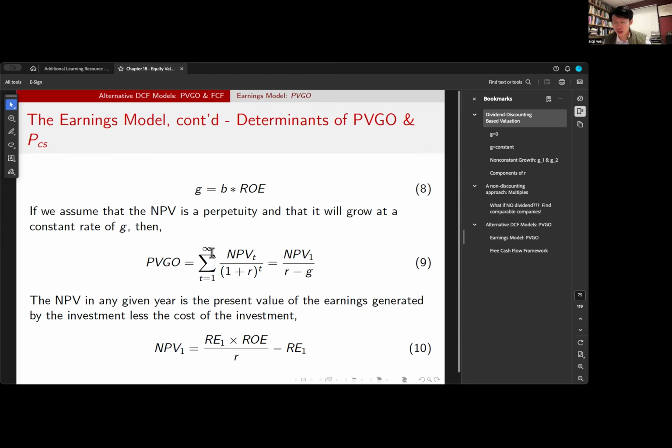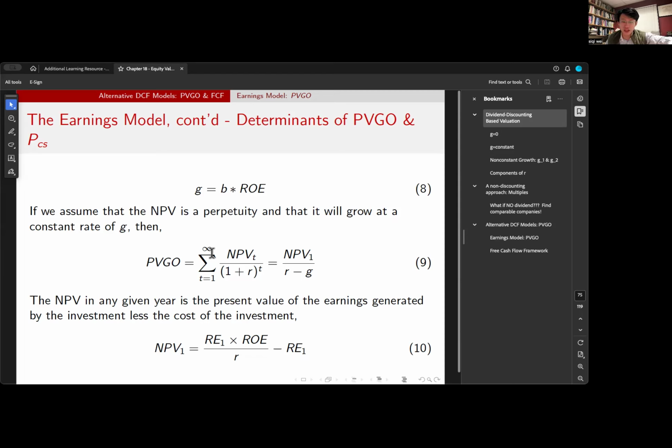the driver of the firm's upside growth, or growth opportunity, growth option, is nothing more than a collection of future investment ideas. Okay? And those ideas can be visualized as a series of NPV projects. So the value of the NPV project is nothing more than the value of the PVGO.